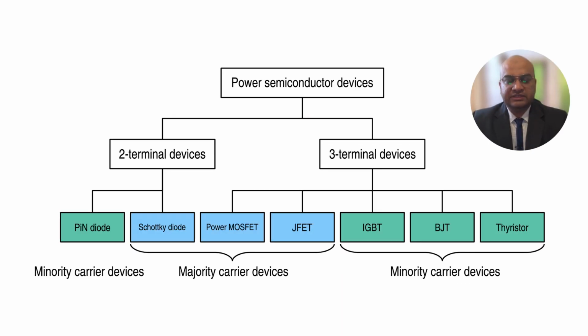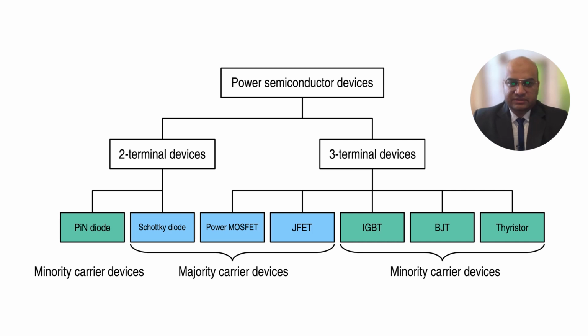Now let us see the description of devices based on terminals. If we talk about two terminal devices, it can be a category where we are discussing input and output. So this can of course be under the category of diodes. If we discuss three terminal devices, then we have multiple categories of devices such as MOSFETs, JFETs, IGBT, BJT, thyristors.